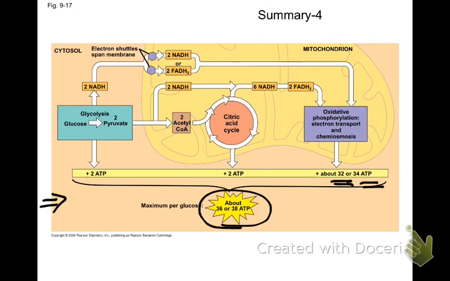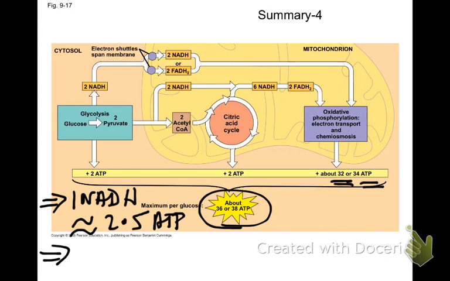They know that the calculation for 1 NADH is approximately 2.5 ATP. It is responsible for making 2.5, and 1 FADH is responsible for 1.5 ATP. And that is why you have a range of 36 to 38.